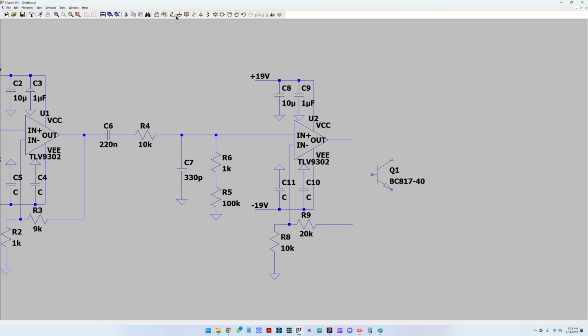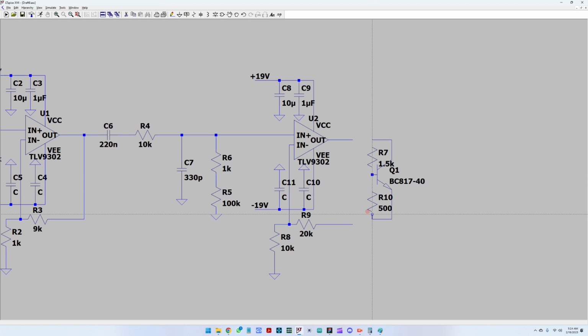This is a quite good NPN transistor. And let's bias it, let's say 1.5 kilo ohm, and on the other side let's put like 500 ohms, just so that we kind of keep it open. Okay, good. So let us place and connect the biasing stage here.